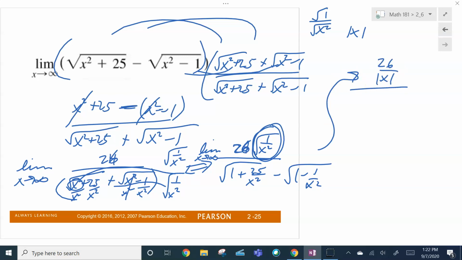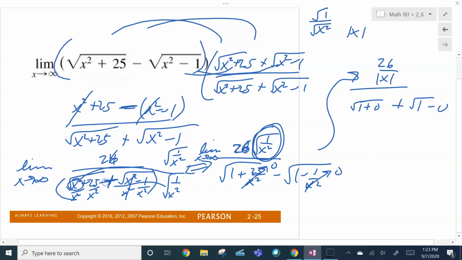And on the bottom, see how the limit goes to infinity. That's 0, that's 0. So we've got the square root of 1 plus 0 minus square root of 1 minus 0. And so, I'm sorry, plus right there. And so we've got, that was originally a plus. My apologies right there, that's a plus.